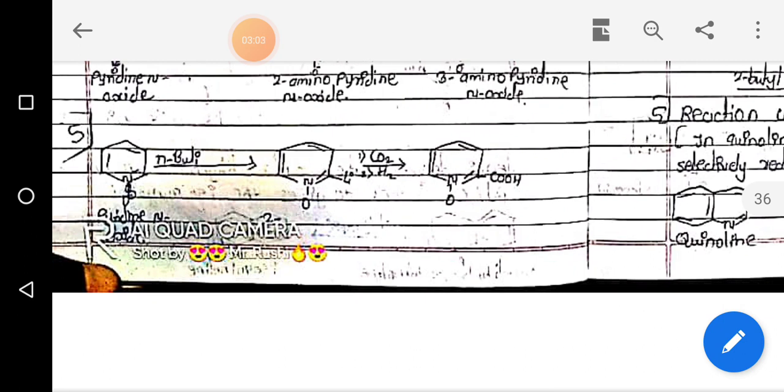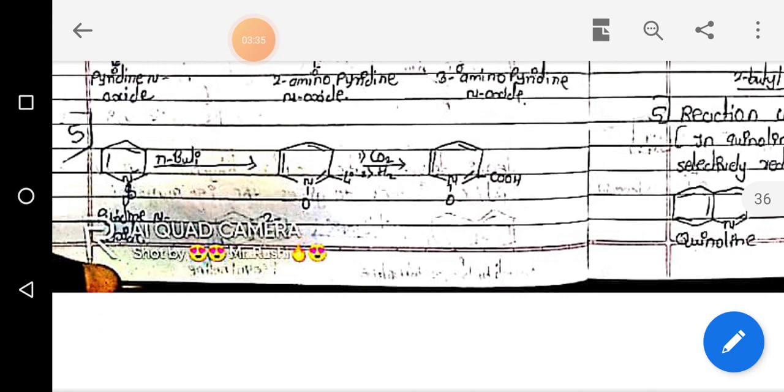Next are the pyridine N-oxide reactions with the addition of a carboxylic group at the two position. The carboxylic group cannot be directly attached at the two position. Firstly we have to make the carbon atom nucleophilic, and then electrophilic substitution takes place.